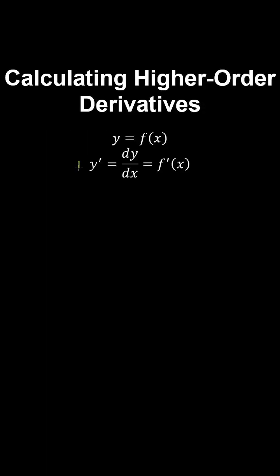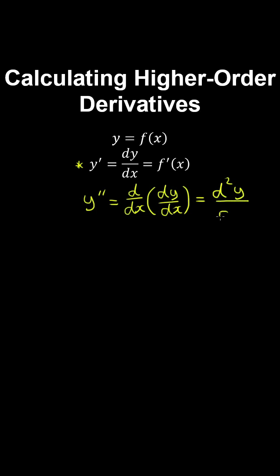So far we've looked at the first derivative of a function, and if we differentiate again, we obtain a second derivative. So that's the same thing as taking a derivative of the first derivative, which is also the same as taking the second derivative of the original function with respect to x. And we can also write another notation, so f dash dash of x, to represent the second derivative.